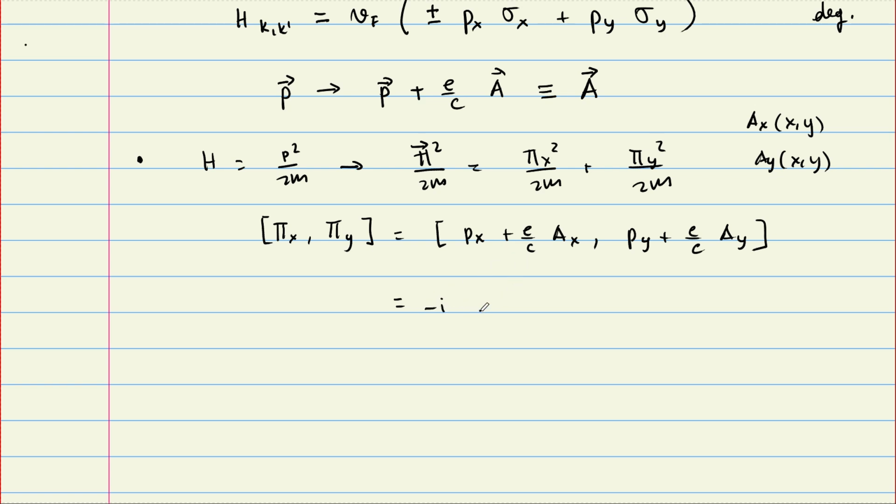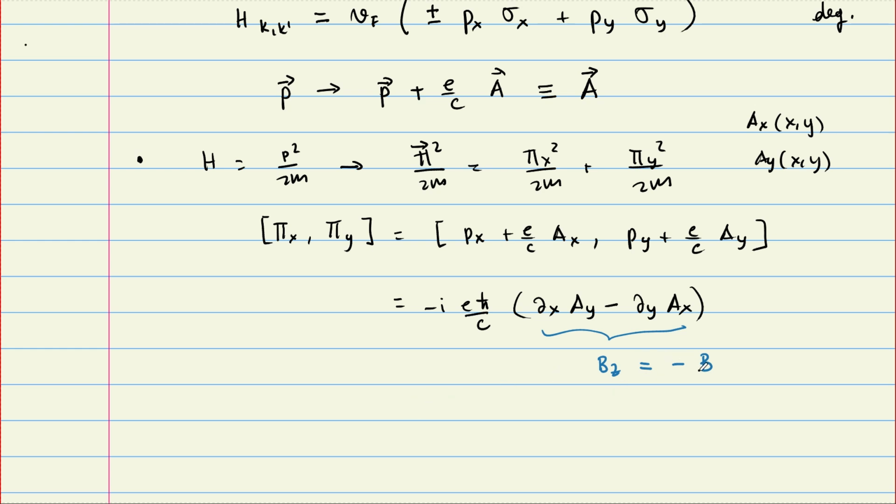Let me just write the result: e h bar over c times del x ay minus del y ax, and this is the z component of the magnetic field from the curl, and we took this to be minus B by convention.